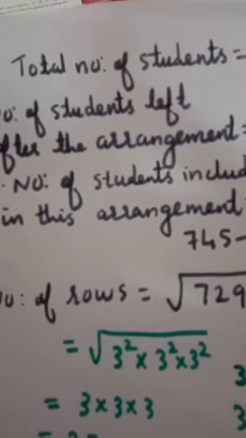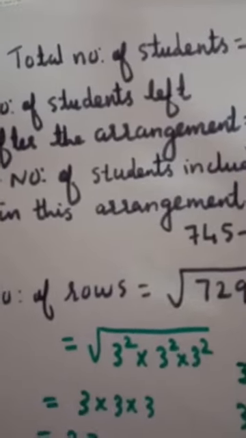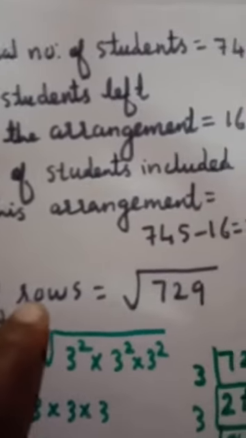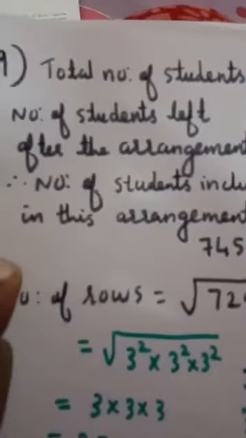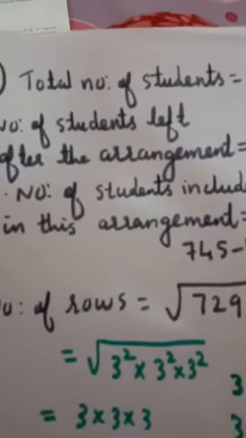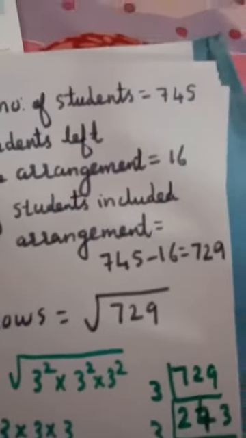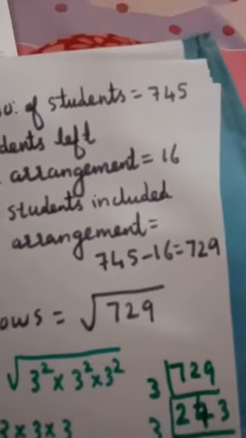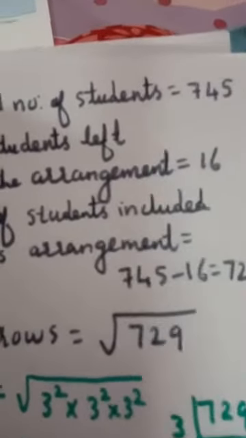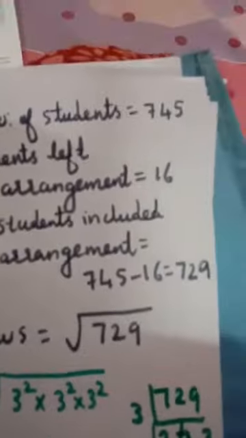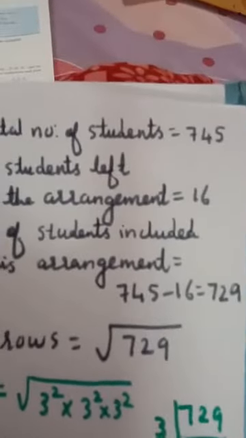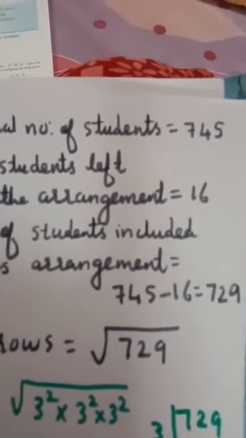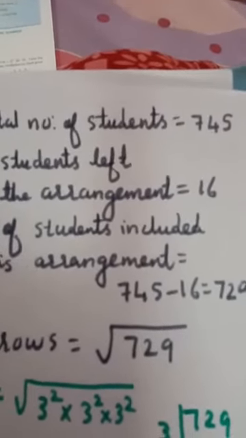So we want to subtract 16 from 745 to get the number of students included in this arrangement. 745 minus 16 is equal to 729. That means only 729 students are included in the arrangement because 16 students are excluded.